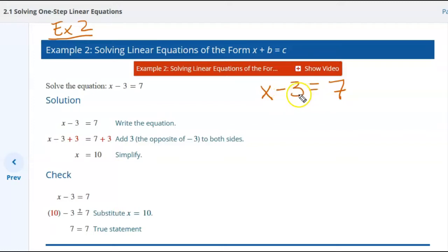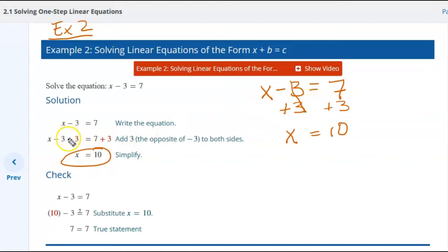Well, that would be the additive inverse. What is the additive inverse of a negative 3? Well, a positive 3. And the rule is if you do something to one side, you must do it to the other side. So here the 3's add out and we end up with just an x left on this side and then a 10. X equals 10, and that is the protocol for solving a simple equation like this.